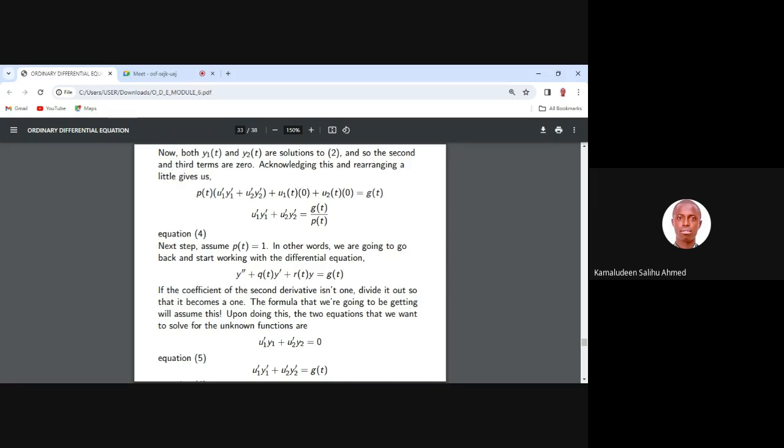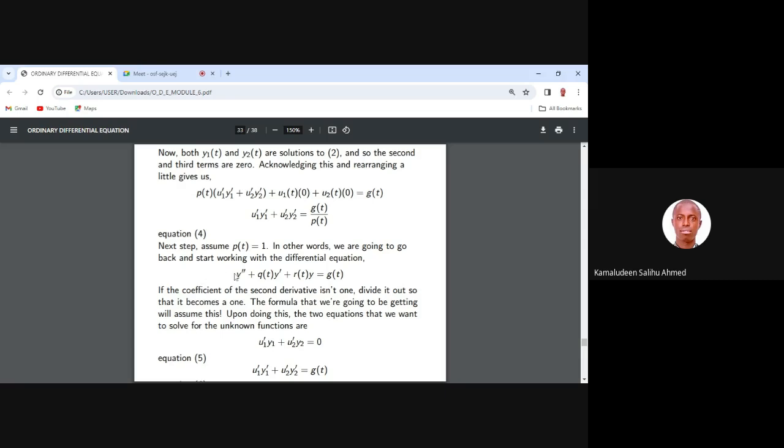whenever the coefficient is not equal to 1, you have to divide. Let's assume you have 2 here, 2y prime prime. It's saying that you can't have any number under this variation of parameters. That is the difference. You can't have any number attached to this y prime prime.